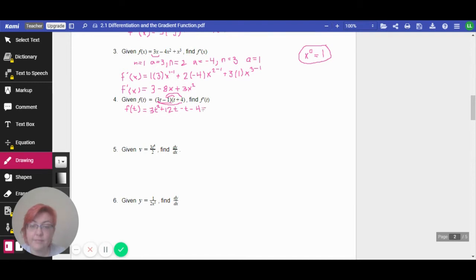Let's simplify that by combining like terms. So I have 3t squared plus 12 minus 1 is 11t minus 4. Okay, so let's go ahead then and do our derivative, or find our gradient function.